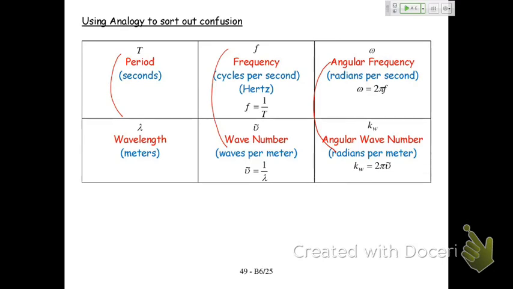Big problem about K, because we just used that last chapter with a spring, and we called that the spring constant. And now we're going to call it the angular wave number. And it's K. They weren't even decent enough to give it a different look. It's a little K, just like the other one is.